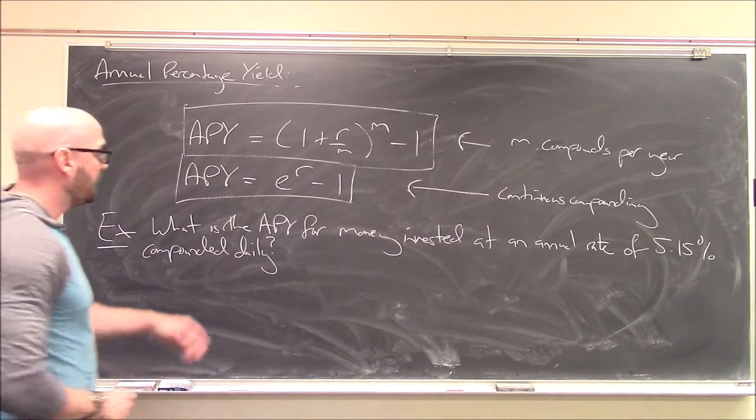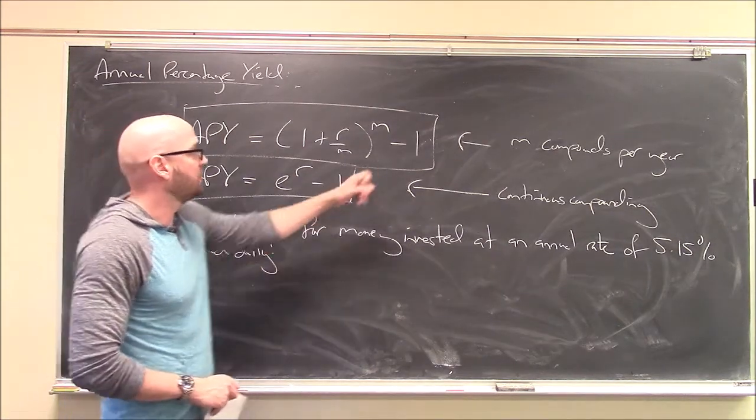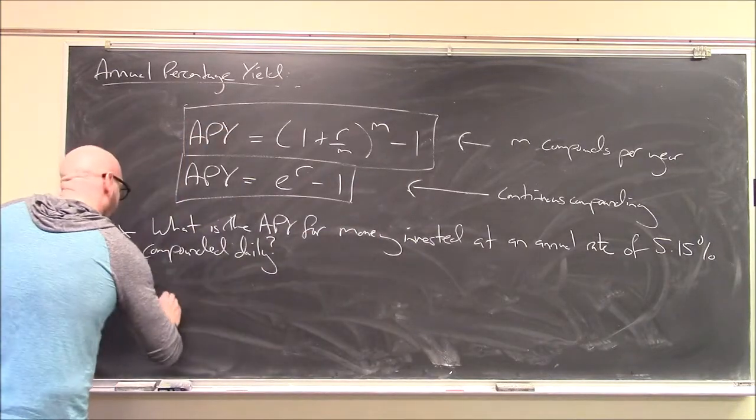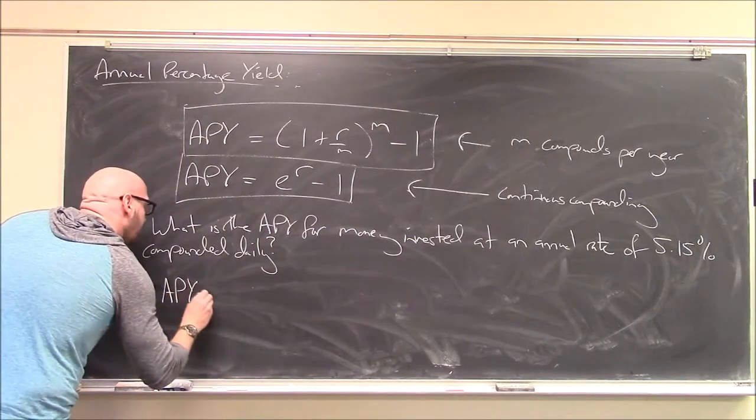Well, we're in a compounded daily case, not the continuous case, so we're just going to use this formula up here. And all we have to do is plug in a few values.